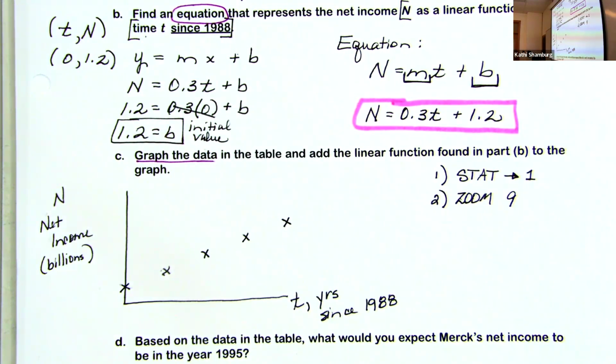We're not in y equals. We'll clear out that. Plots on, so we go to stat 1. We got to put these numbers in 0, 1, 2, 3, 4. Then you're going to put in 0, enter 1, enter 2, 3, 4. Right arrow over.